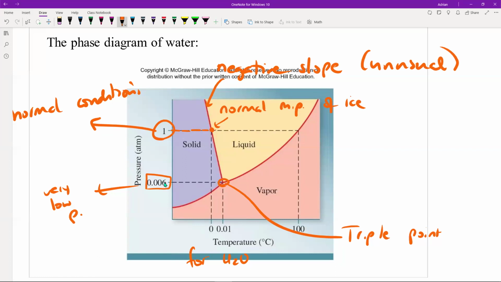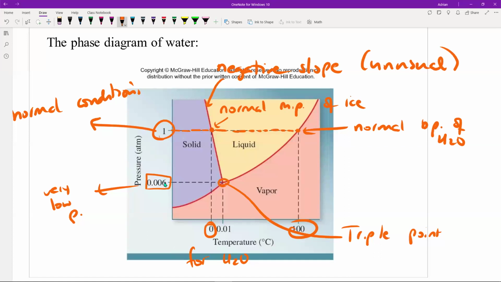And if you continue this all the way across, now the liquid temperature increases, we get to the temperature under 1 atm at which the liquid turns into the vapor. At this point, that would be the normal boiling point of liquid water, which corresponds to 100 degrees Celsius, and the melting point corresponds to 0. Right, so this is key here.